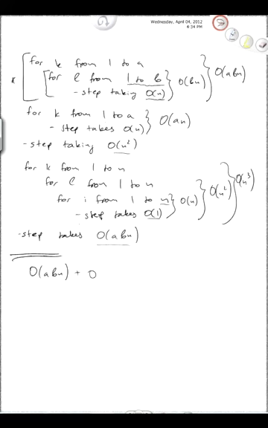And then to that, I have to add the O of AN, which came from this for loop right here. Then I have to add the O of N squared, which came from this sequential step on its own, plus O of N cubed, which came from this triply nested for loop right here. And then I have to add the O of ABN.